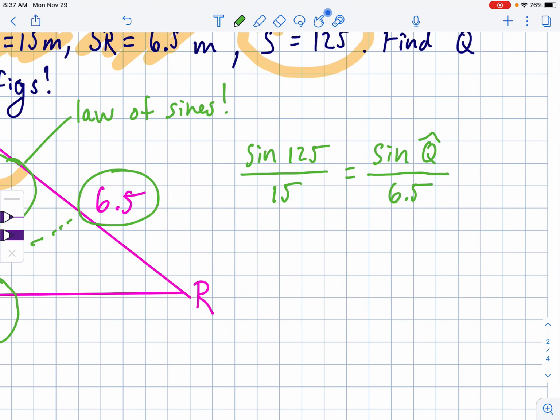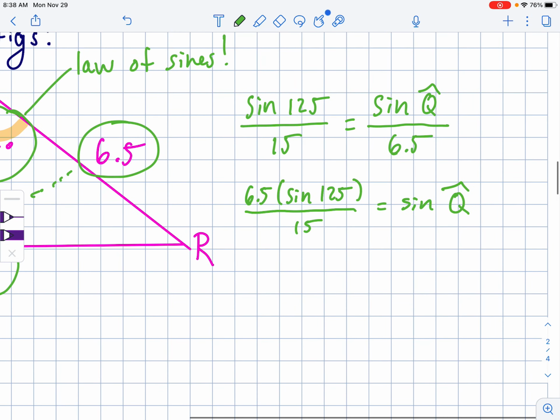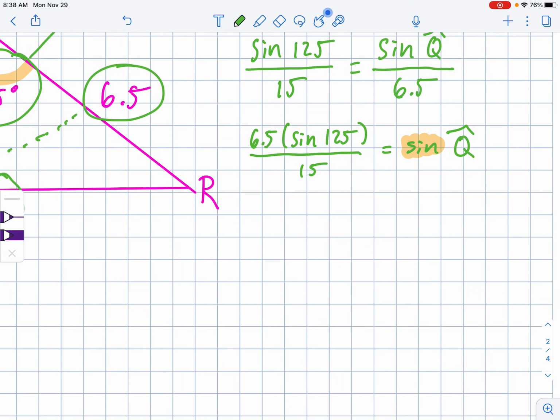Now we need to solve this. We need to get angle Q by itself. So first thing is I'm going to multiply both sides by 6.5 to get rid of the fraction on the right. So we get 6.5 times sine of 125 all over 15 is equal to sine of Q, capital Q, angle Q. Now, you guys, to get rid of a sine, you don't divide by sine, but you can actually do a sine inverse.